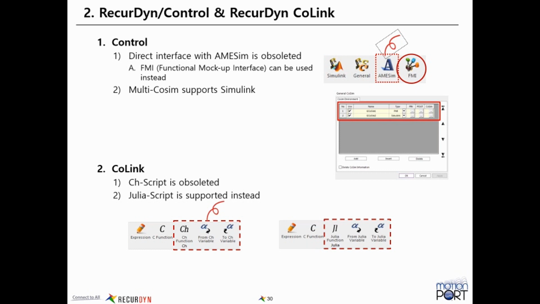The multi-cosim, which is a feature which allows for co-simulation between more than two other software tools, now supports CoLink. And for CoLink, CH scripts is now obsolete, and instead Julia script is supported.